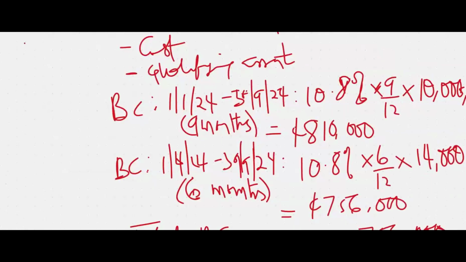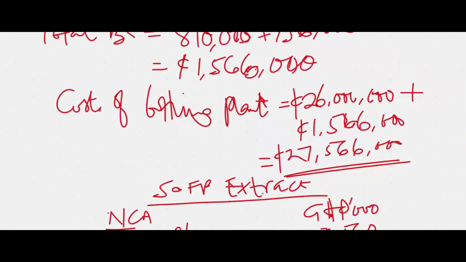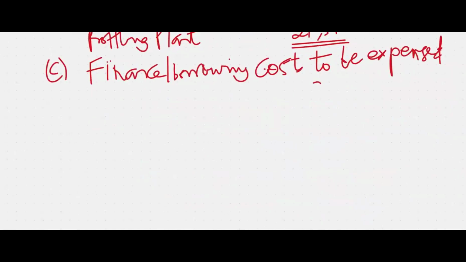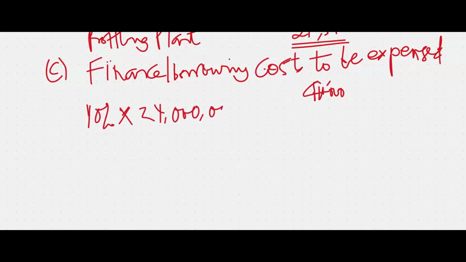Finance or borrowing costs to be expensed. We would say 10% on 24 million. The next one is 12% on 16 million.